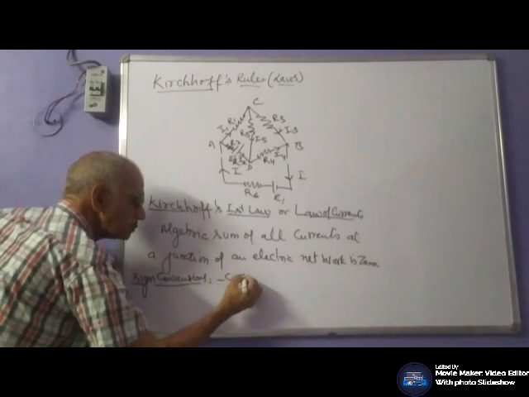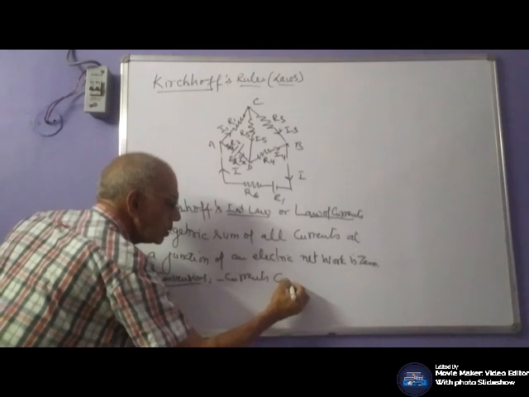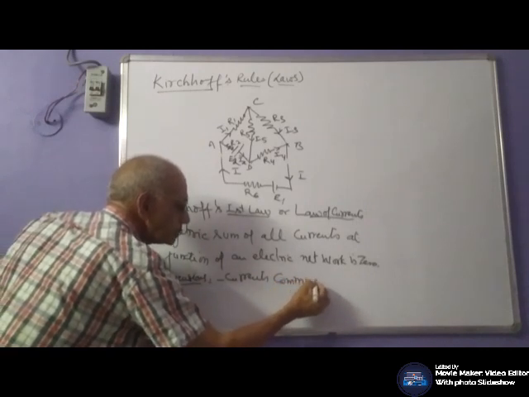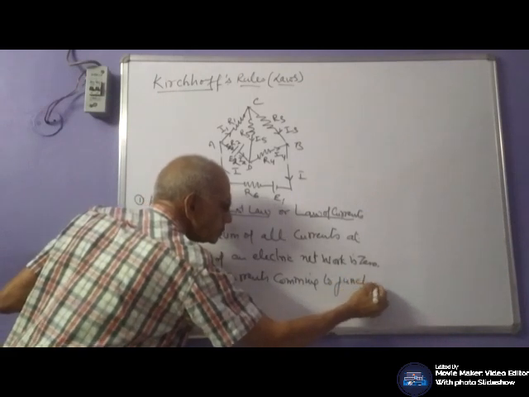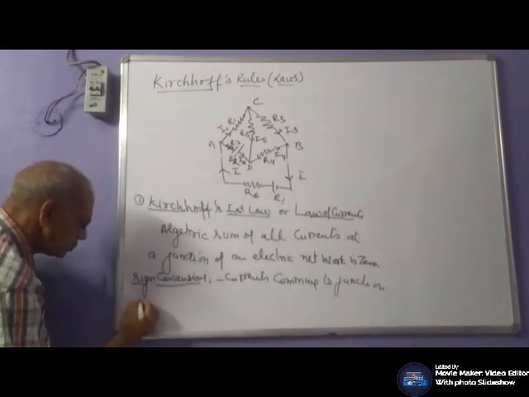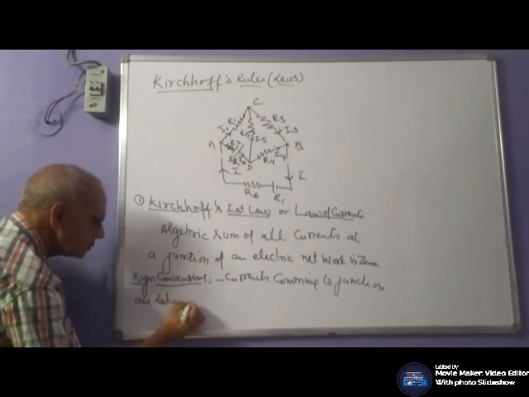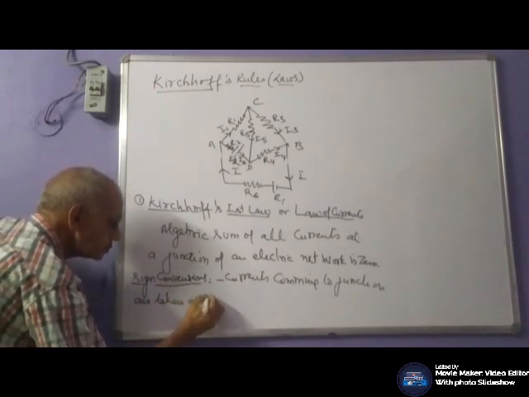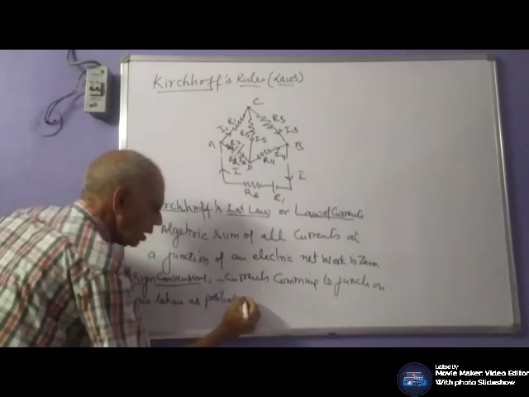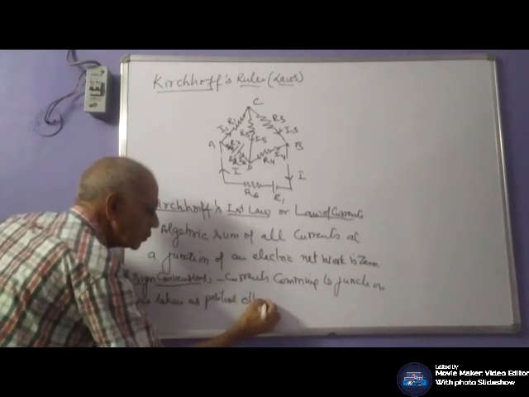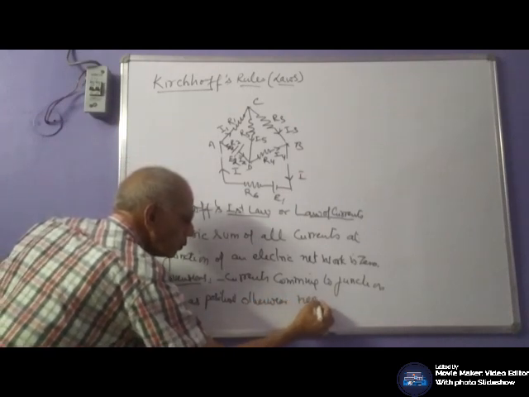Currents coming to a junction are taken as positive, otherwise negative.